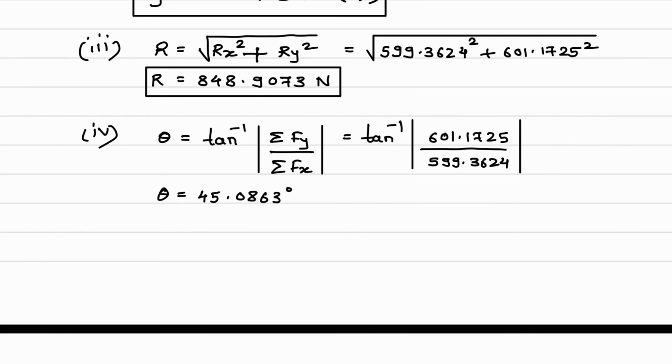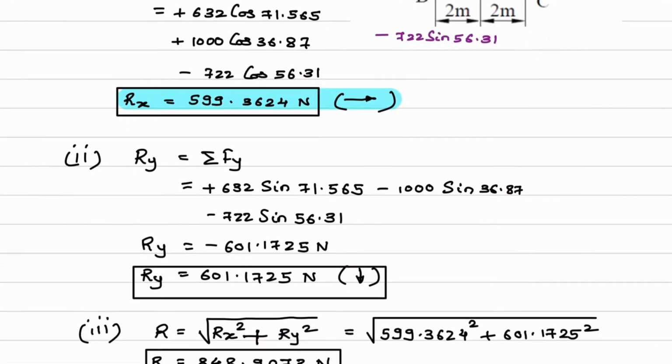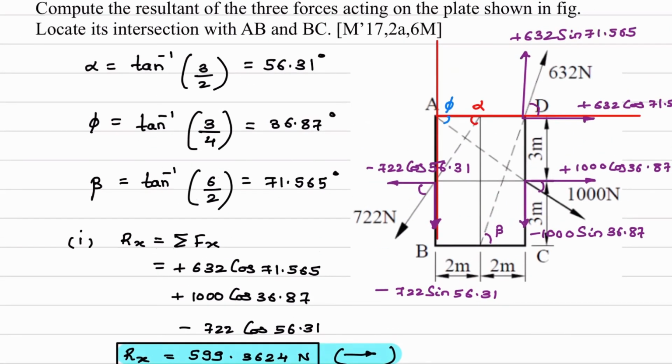Now we'll try to plot this resultant, the main diagram. What is the direction of Rx? Rx is in which direction? Towards right. Okay. What is Ry direction? Downward. So resultant will lie in which quadrant? Fourth quadrant. So draw the axis. So this is Rx.